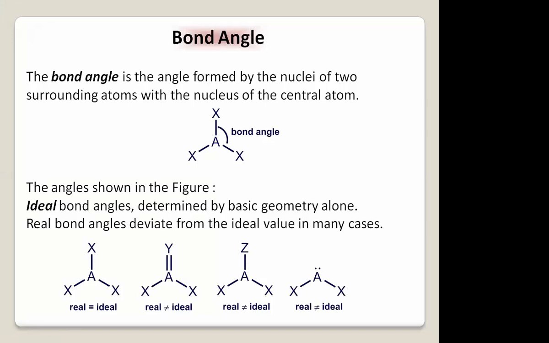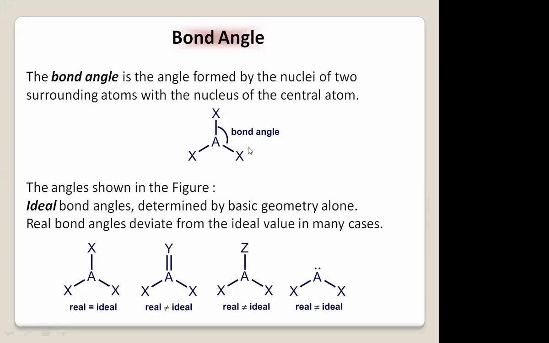But when we have, for instance, let's use a trigonal planar structure to serve as example. In this trigonal planar structure, you have A to be your central atom, and you have 3 X. So this is an AX3 system.